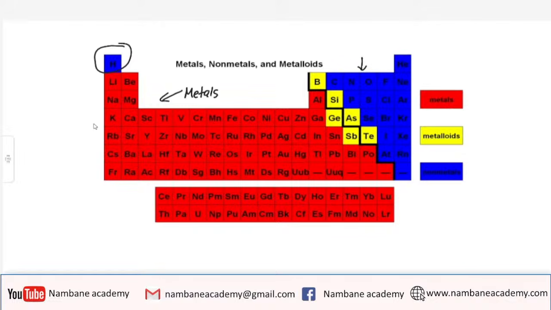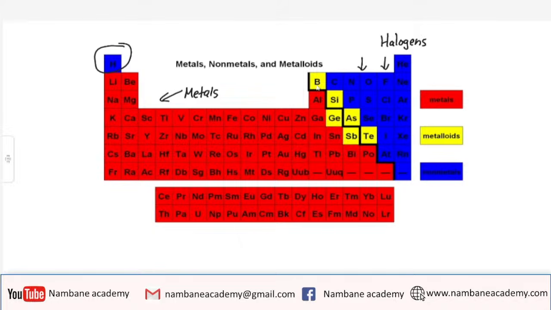So it becomes easy. These ones, the red ones, are all metals. Then these ones are non-metals, which we usually associate with gases. For example, oxygen is a gas that we find in the air. These others are also gases, which we refer to as halogens, and you're going to use a lot of these as you go forward in grade 11 and grade 12.